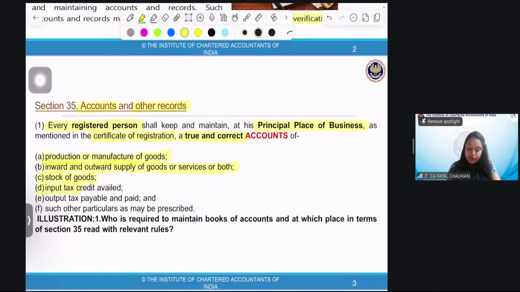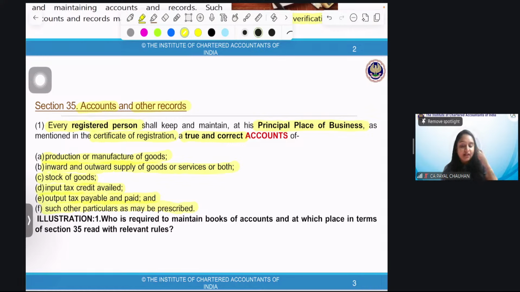Then input tax credit availed, whatever input tax credit I avail, I need to make an account. Output tax payable and paid, whatever output tax I need to pay, before ITC and after taking ITC, whatever I'll pay, I have to maintain an account, and such other particulars as may be prescribed.